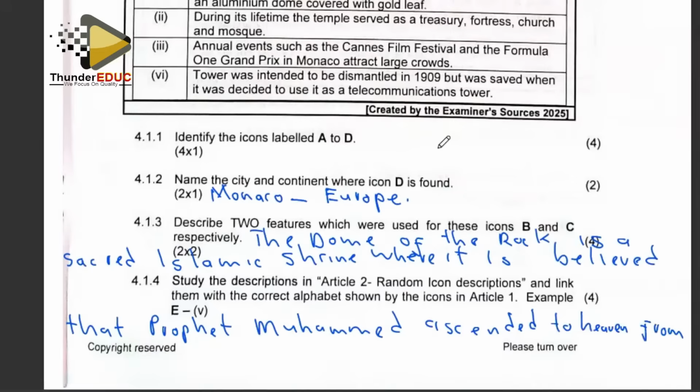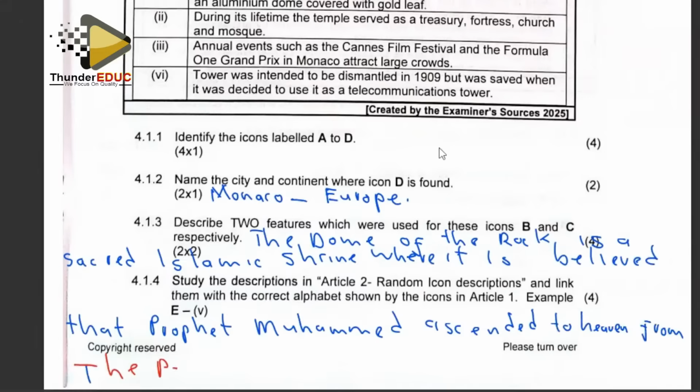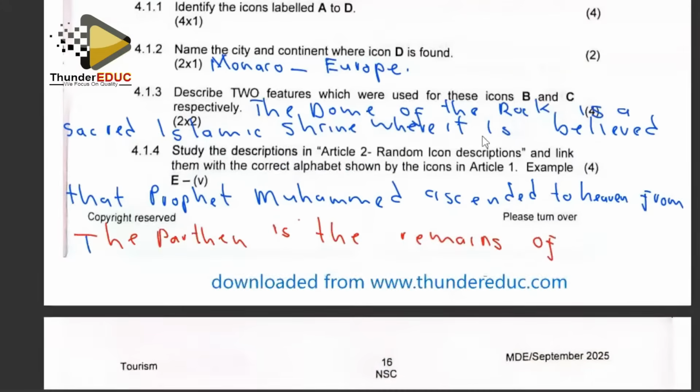Then in addition to that, we also need to look at icon C, the Parthenon. The Parthenon is the remains of an ancient temple.